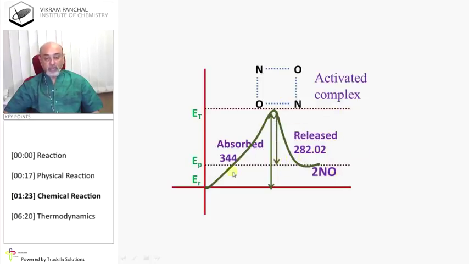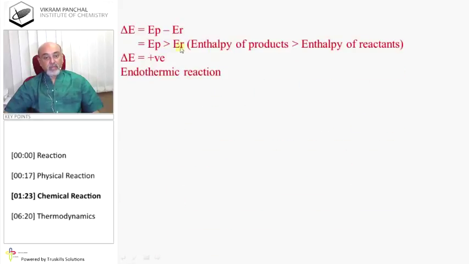So in this case we can see EP is greater than ER, or energy released is less than energy absorbed. So at the end energy is absorbed, and that is why it is endothermic process. So when delta E, where EP minus ER, when EP is greater than ER, delta E will be positive, and it is endothermic reaction.